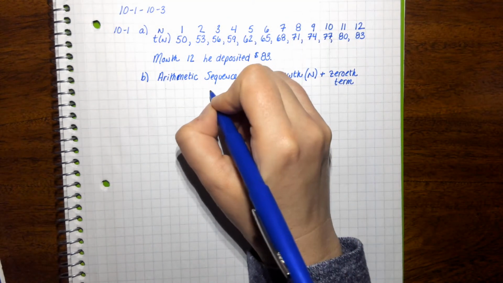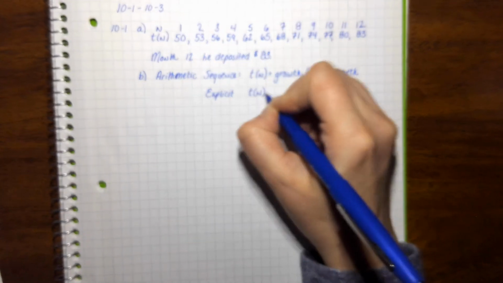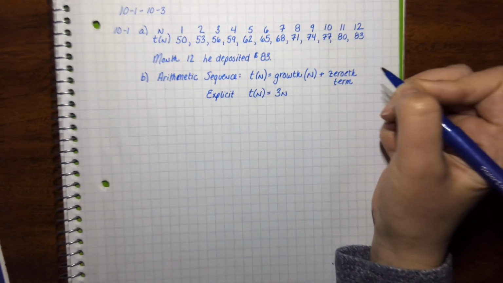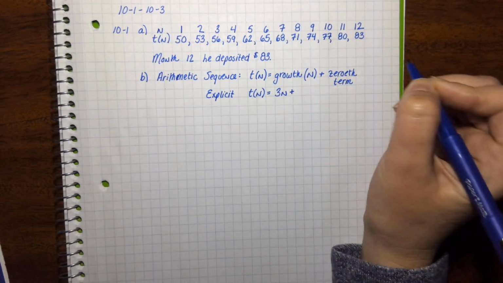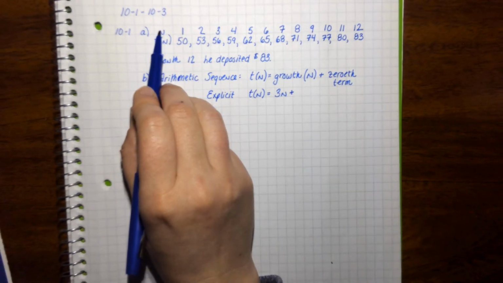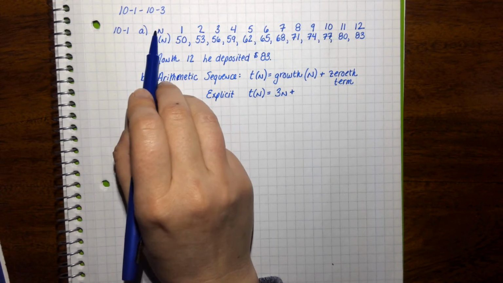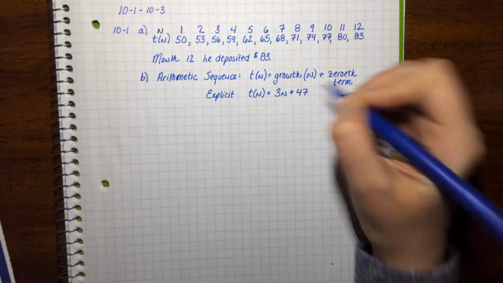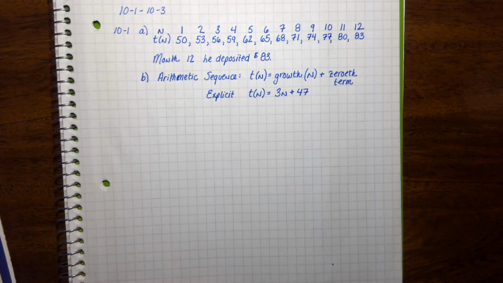And blast from the past, we call this the explicit equation. So in this case, T of n equals, the growth is $3 each month, times n, plus the 0th term. Let's look up here. The 0th term would come before the first month, so that would be month 0, which would be 47, down 3 from 50.